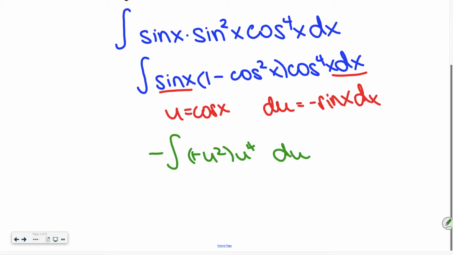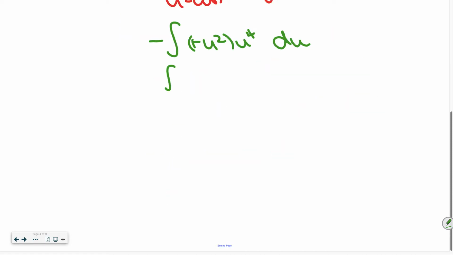Now we have something polynomial. It's nice. Should I integrate it right this second? No. You should multiply the u's so you can get u to the 4th minus u to the 6th. Okay. So I'm going to go ahead and be crazy here, and I'm going to write it as u to the 6th minus u to the 4th.